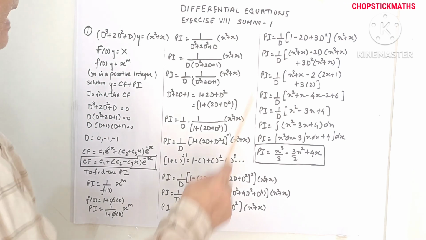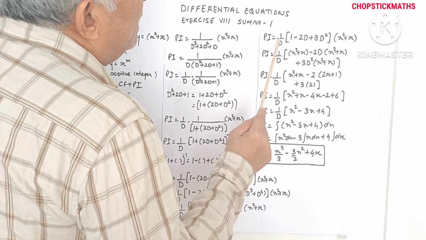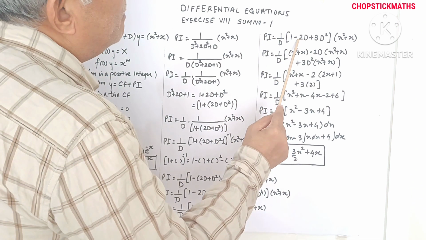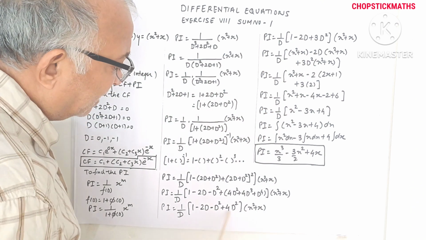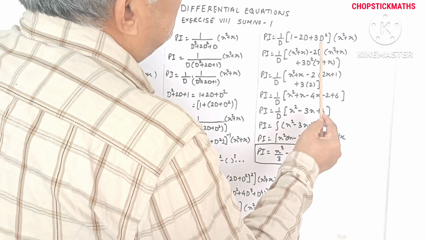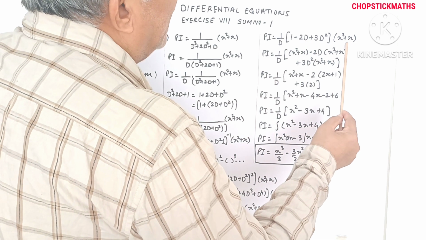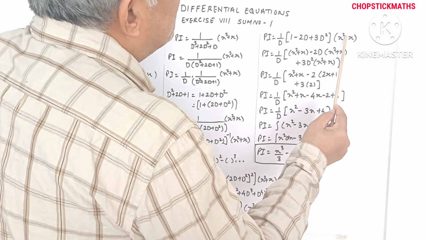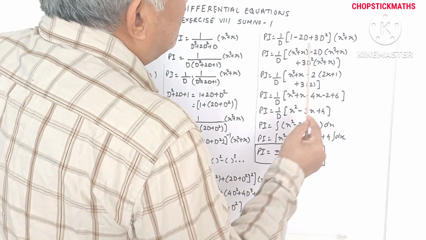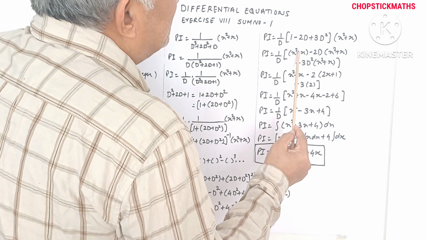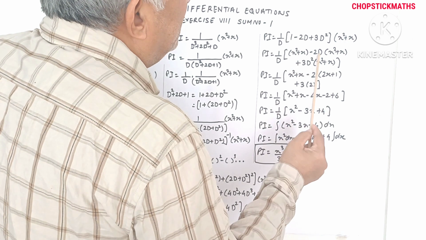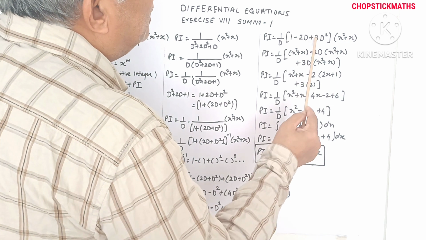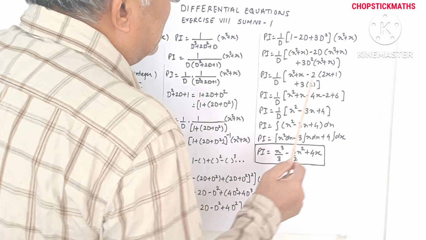Now let us open this bracket. PI would be 1 upon D into bracket 1 minus 2D minus D square plus 4D square, that is 1 minus 2D plus 3D square, into (x square plus x). So PI is 1 upon D. On opening this bracket, 1 into (x square plus x) is x square plus x, minus 2D into (x square plus x), plus 3D square into (x square plus x).